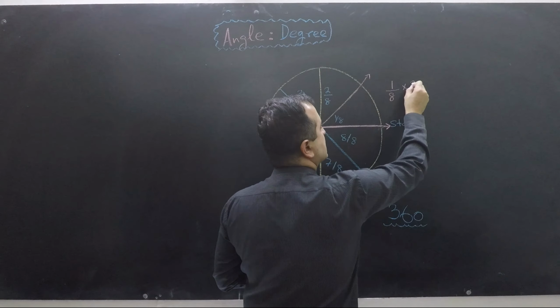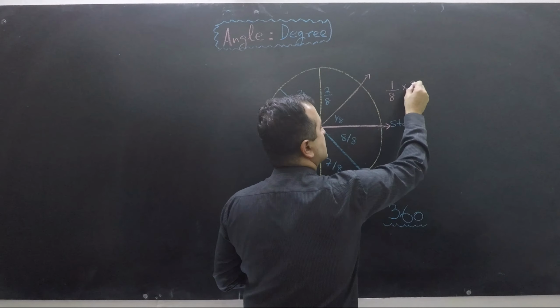Similarly, if my start point is not this but this, and I ask what's the angle between these two lines, it once again will be 45 degrees. But for the sake of simplicity, let's fix our start point and then move the other ray. So this is my starting ray, and the second ray that I want to measure the angle to is this one.